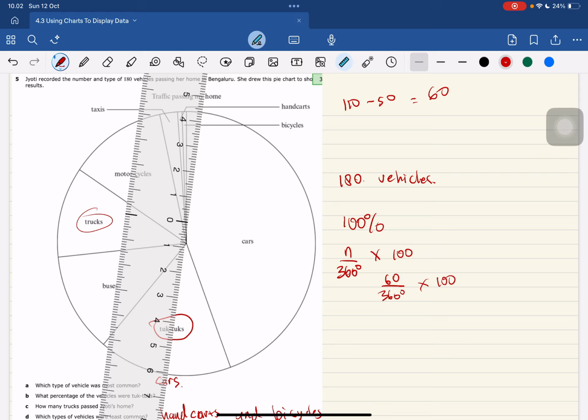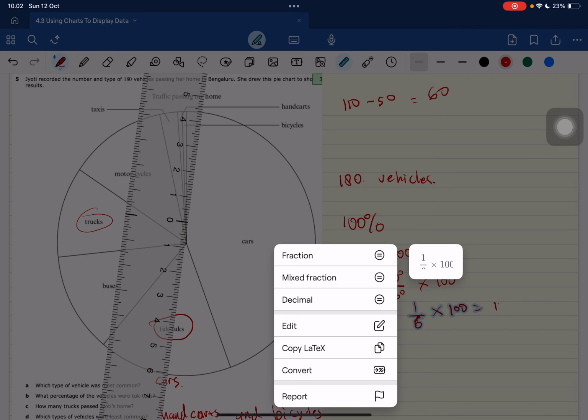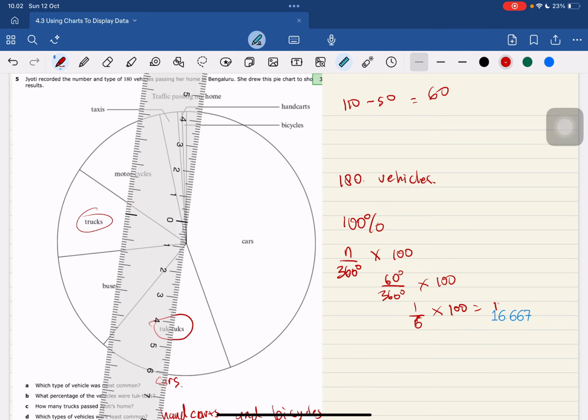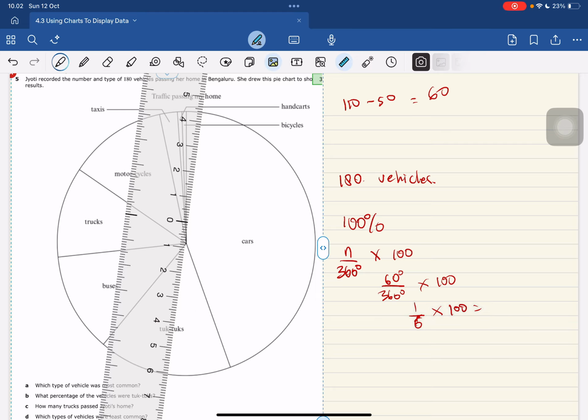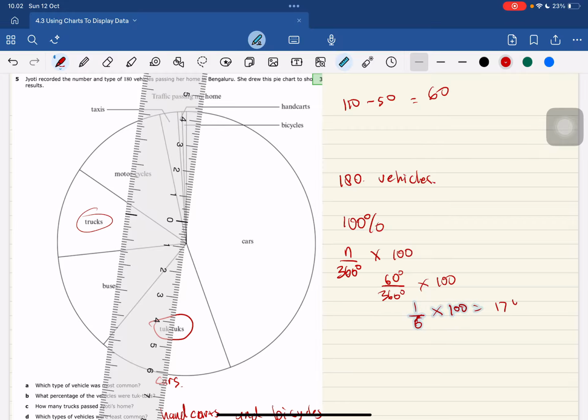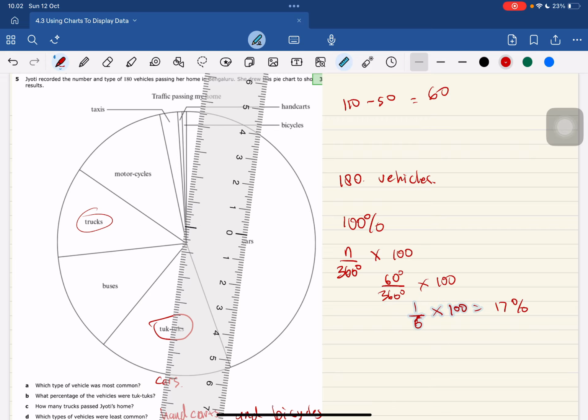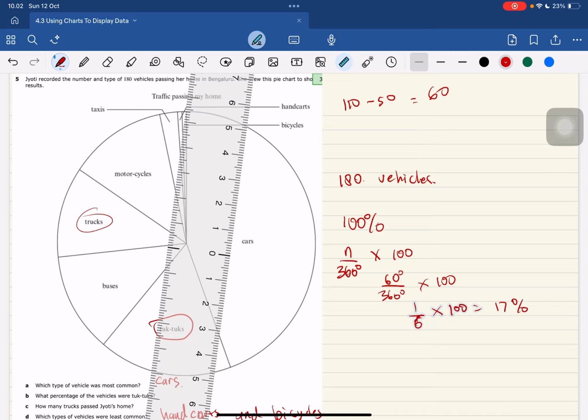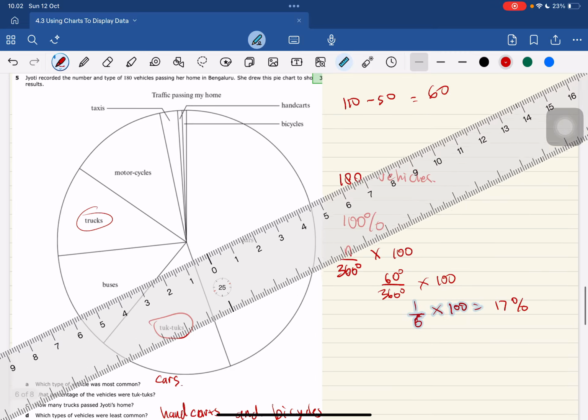So this is gonna be 1 over 6, times 100. That is approximately, make it decimal, 16.667, or we can round it as 17%. So we should have the factor to know the angle of each.